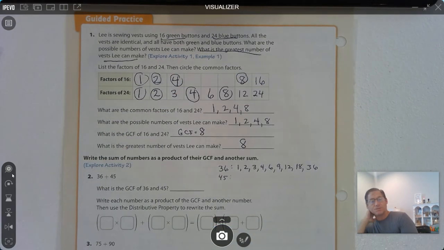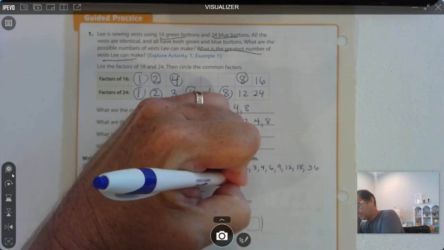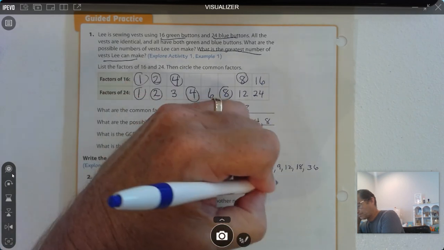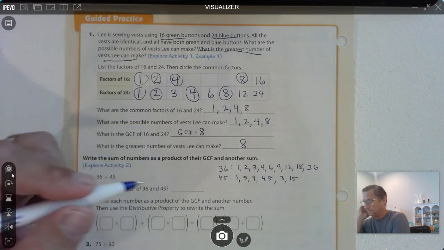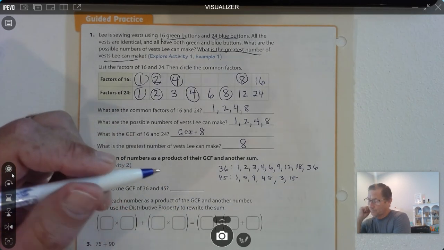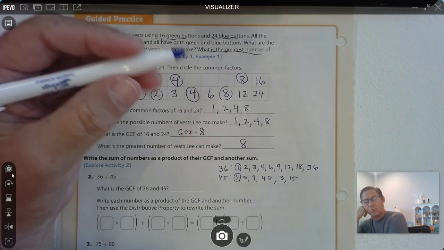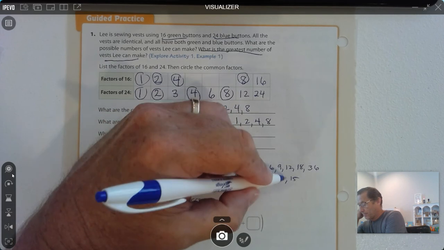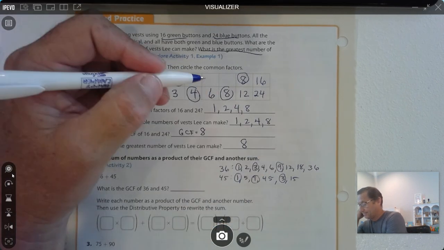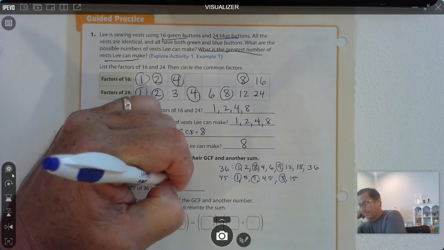Okay, so those are what you should come up with for 36 and 45. Okay, so the common factors of 36 and 45 are 1, 3, 9. Okay, the greatest common factor is 9.